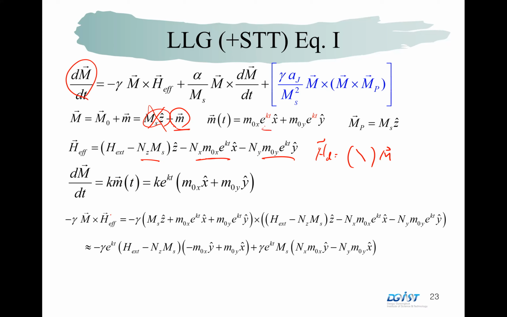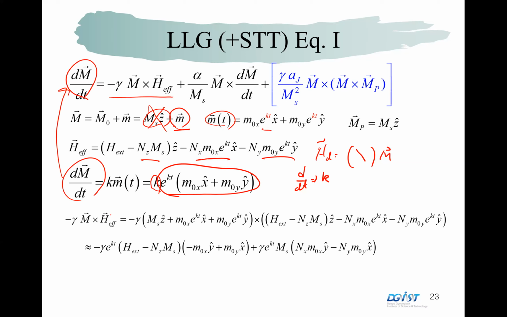So when you take the derivative, we have a k at the front, and this part is nothing else but the same as m. So d/dt is replaced by just k. We may find this kind of approach in many differential equations. Okay, this is what we obtained for the first term.